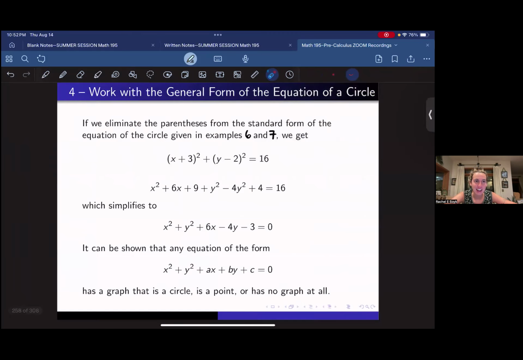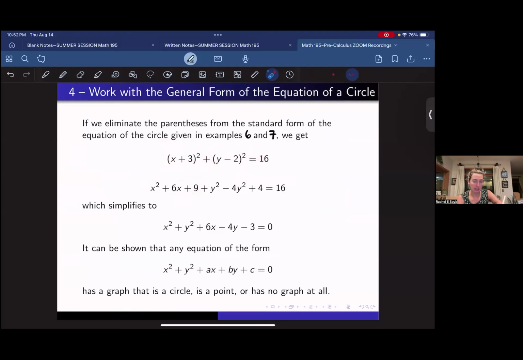Okay, our fourth objective is working with our general form of the equation of a circle. And so general form is just foiling out your standard form. So x plus 3 in parentheses squared is the same as x squared plus 6x plus 9.